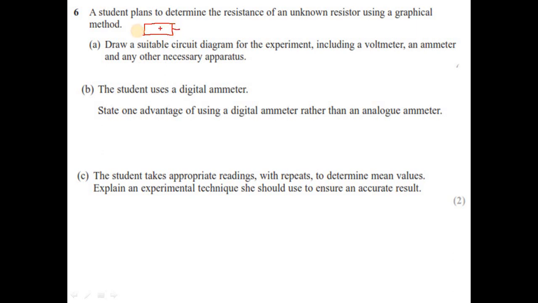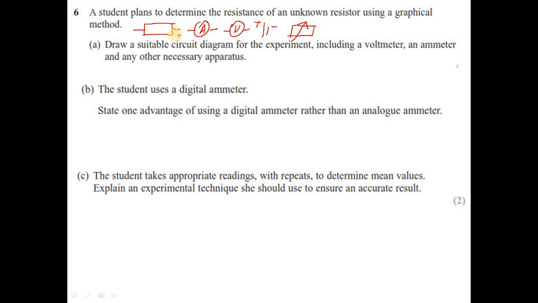This is the unknown resistor you need to find, and you are going to need an ampere meter and then a voltmeter. Of course, a power supply or a cell. You can use a power supply and a variable resistor for changing the current or the voltage. So these 5 components or devices you are going to need in this experiment.